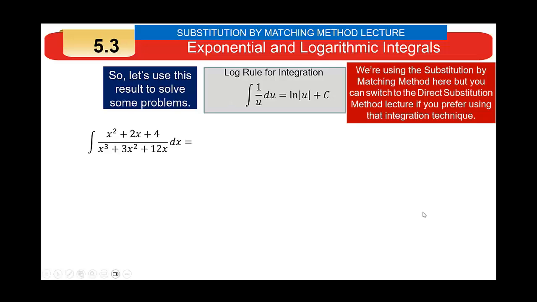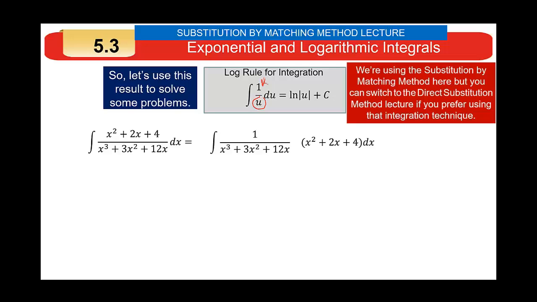How about this one? Initially, this problem looks difficult, but if you think about it a minute, our log rule for integration gives us an indication that we should let the denominator be u. Also, you'll see that the formula has a 1 over u in it, so it might be nice to take the integral and make it look like that.